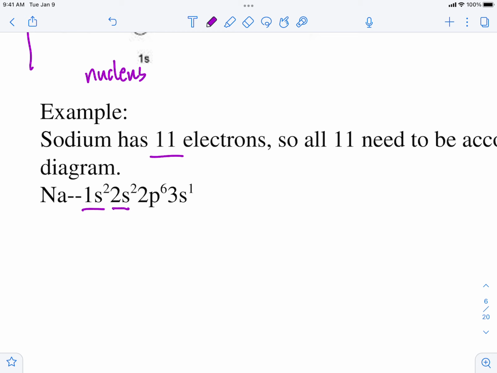After 2s comes 2p. The capacity of p is 6. After 2p comes 3s. Now the capacity of s is 2, but we only have one more electron to place because we only had 11 at the beginning. So we are done. This is the electron configuration, also called SPDF notation.